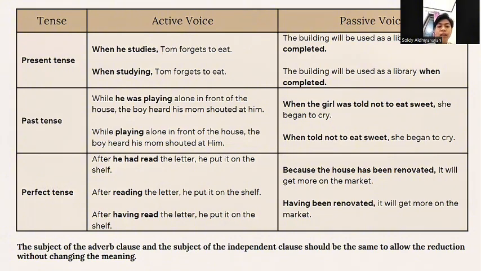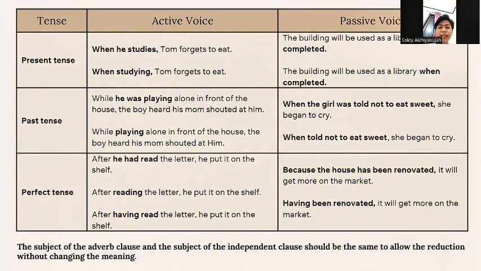One, present tense. When he studies, Tom forgets to eat. Active voice: When studying, Tom forgets to eat. Passive voice: The building will be used as a library when it is complete. Passive voice two: The building will be used as a library when complete.